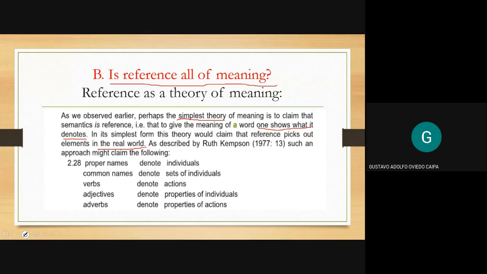If you have your document there, it's on page 29, where it says reference as a theory of meaning. So that's for you to find it. So let's move on.